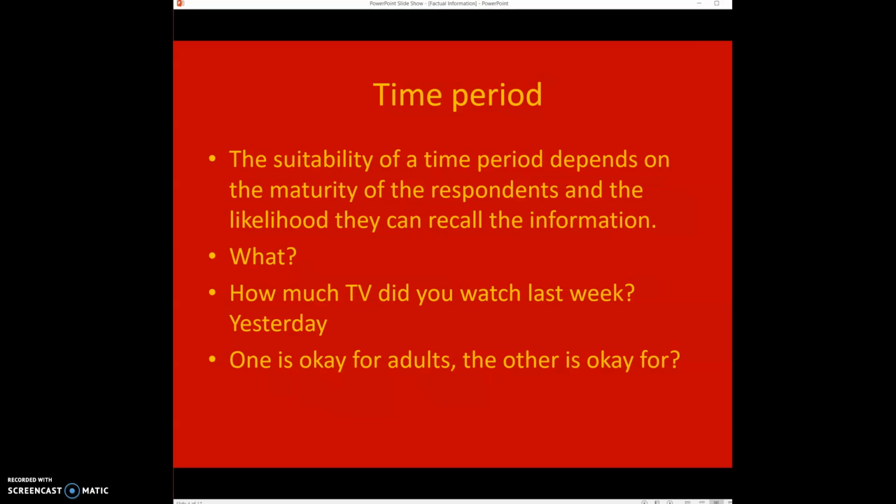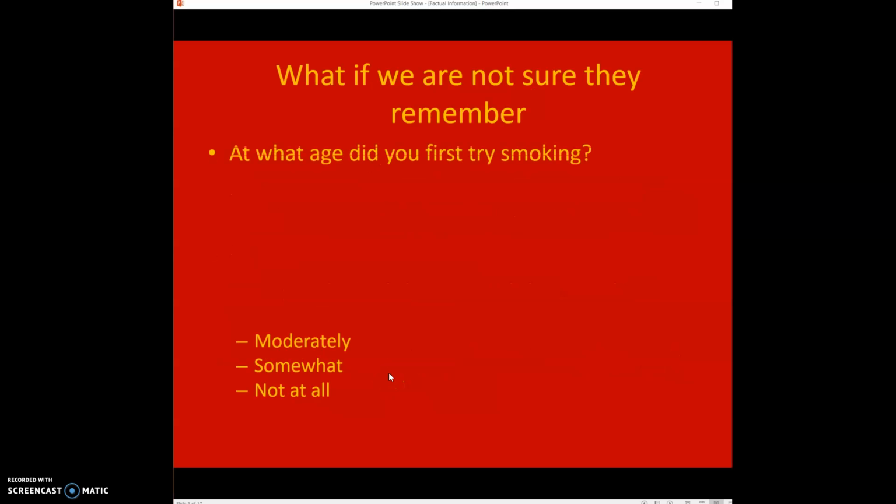I still consider watching TV to be watching something like Netflix, but I also understand that generations have changed. People don't really watch TV anymore. They do watch shows, but they watch them on their computer or other devices. So how you word this question relates to who you're talking to as well.